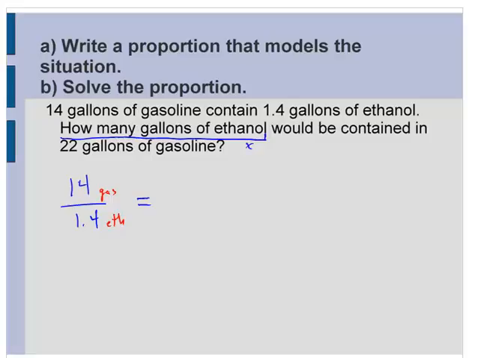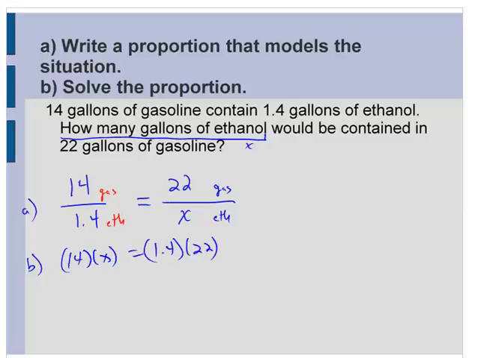But now where would the ethanol go? Gasoline, ethanol, x. Ethanol here would be contained in 22 gallons of gasoline. So notice how if you remember the units, it can help you set up the proportion. Now, so there's part A. Solving it, for part B, we'd have 14 by x is 1.4 by 22.